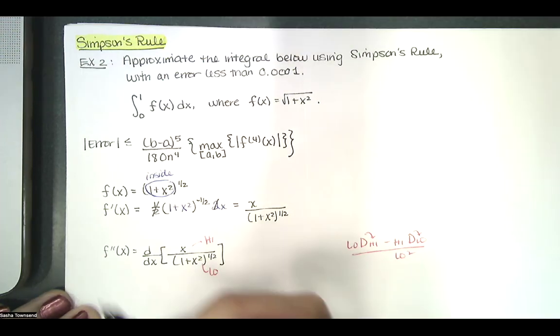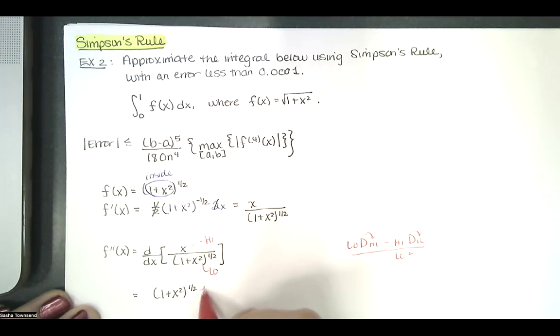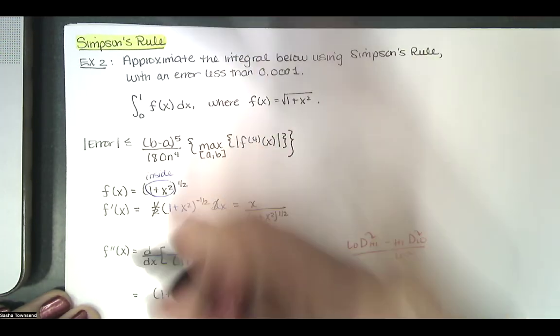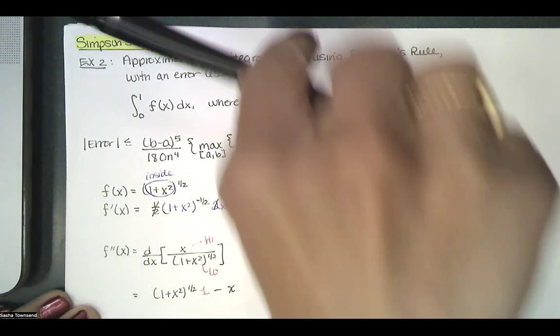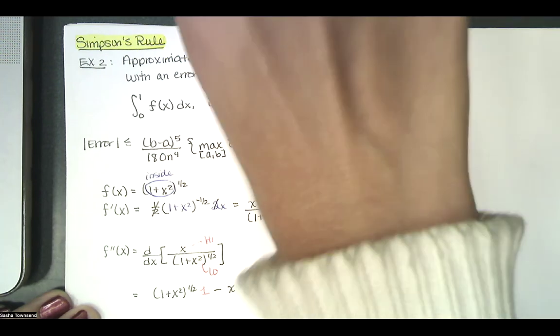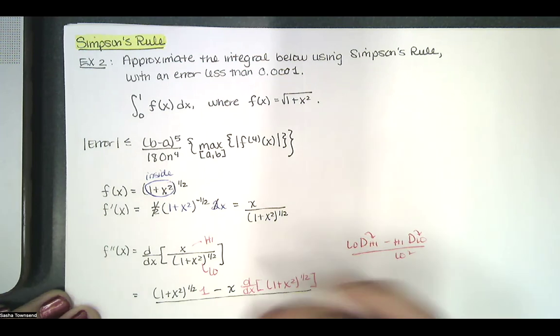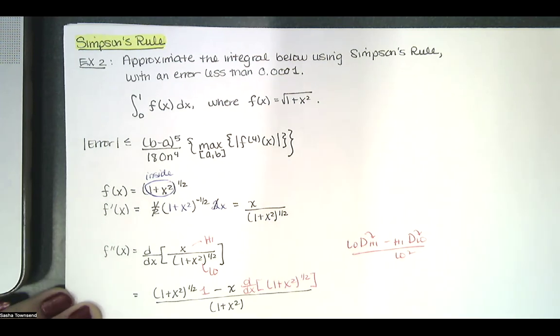So that tells us the derivative of this quotient is low, so the bottom function, d high, the derivative of the top function, so 1 in this case, minus high, which is x, times d low, the derivative with respect to x of that 1 plus x squared to the 1/2 again, all divided by low low. The square root of something times the square root of something is just whatever was under the radical, provided that thing is positive, and 1 plus x squared is always positive.